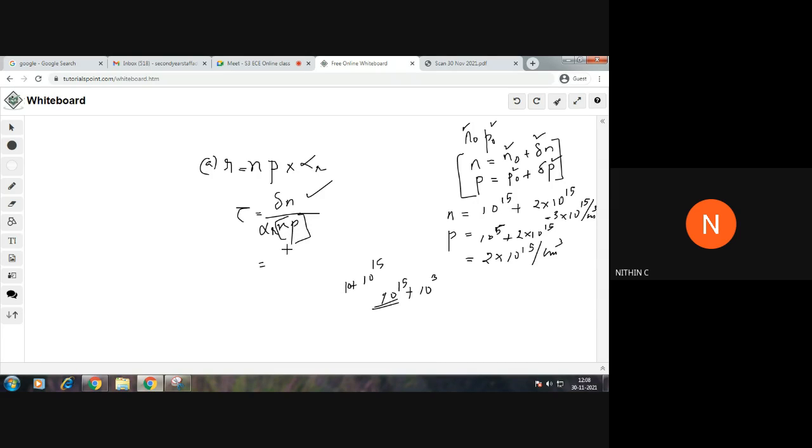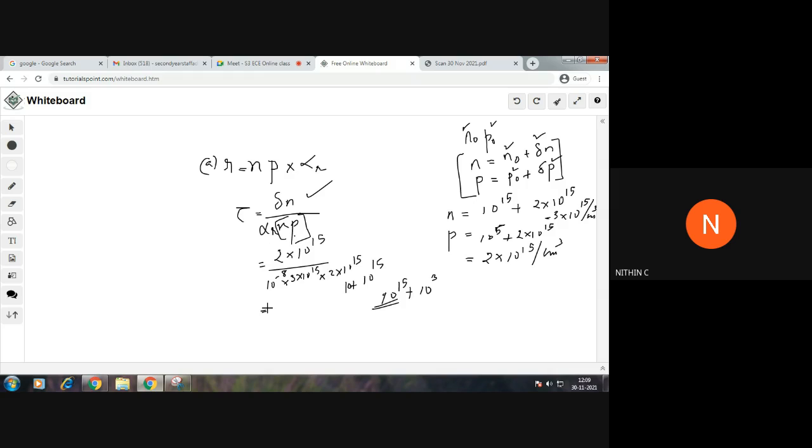So you will get 2 into 10 raised to 15 divided by alpha r, which is 10 raised to minus 8, then you multiply that with 3 into 10 raised to 15 and then 2 into 10 raised to 15.